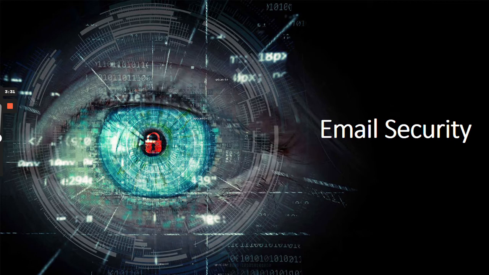So I'll be spending some time to show you ways in which we can go about developing a strategy, understanding the landscape, what you're up against, in order to put the best mechanism or plan in place to help protect our organization as well as ourselves as it relates to email security.